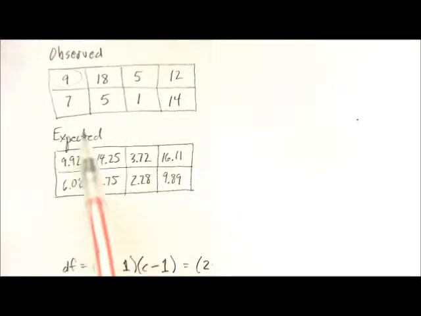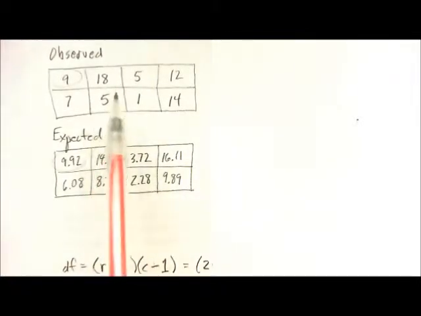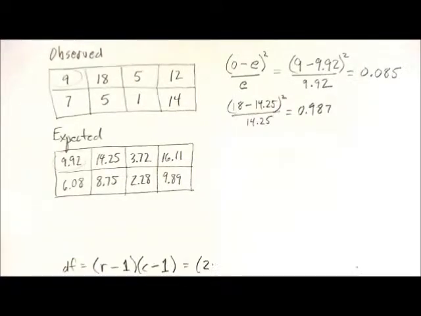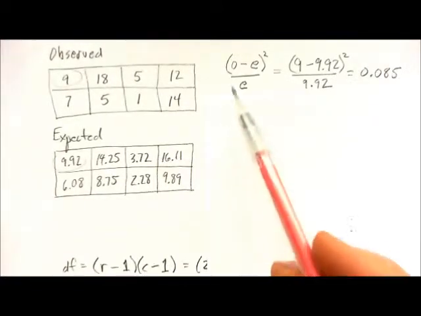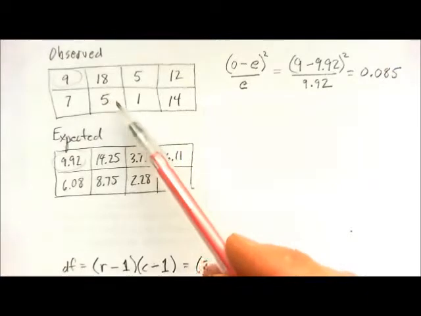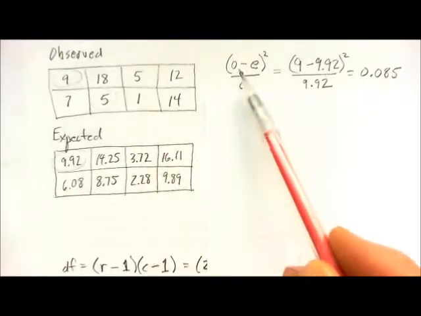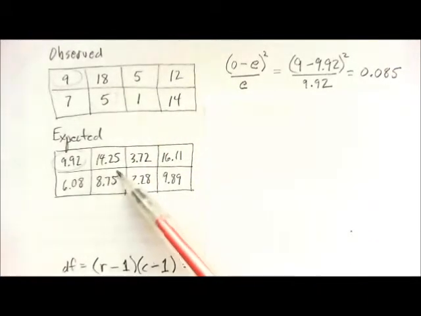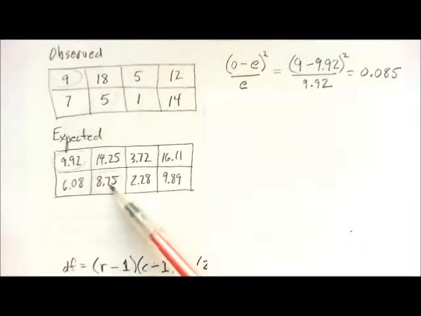And then what we do is we concoct these other numbers. We fill in another table based on these, where each cell is filled in. We take the observed count, like for instance this 5 right here, and we subtract the corresponding expected count, 8.75. So we take 5 minus 8.75.